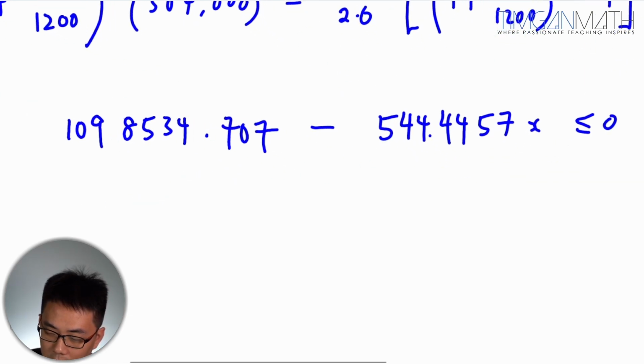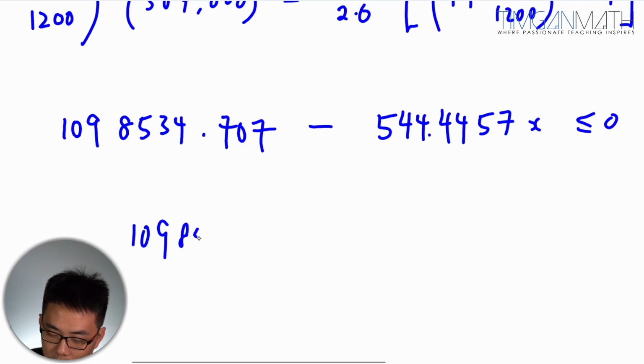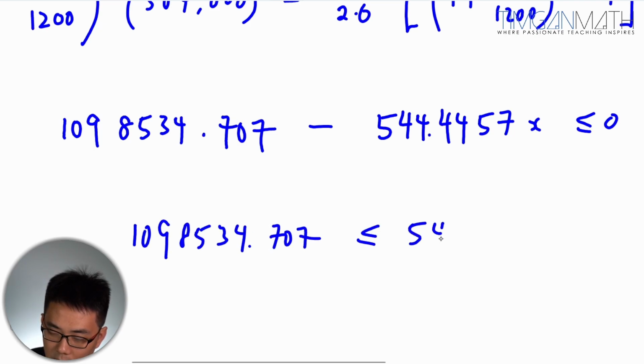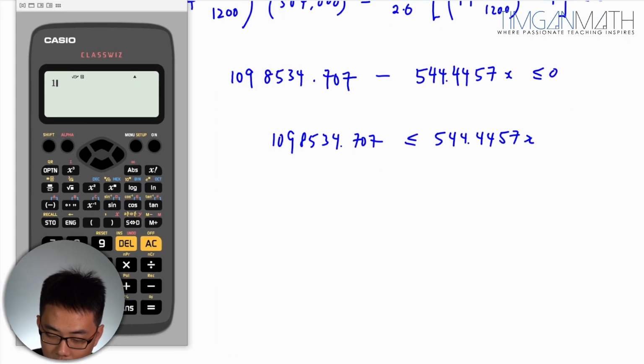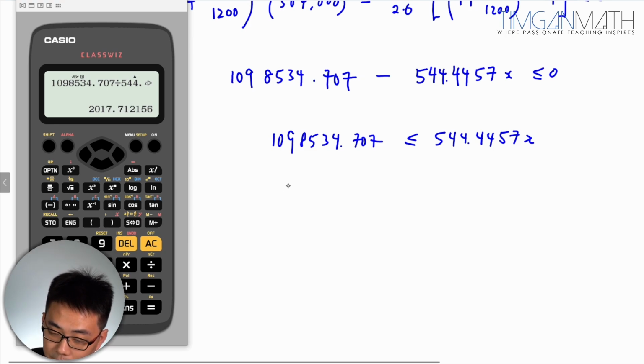Okay, so this case here will just be 1098534.707 over 544.4457x, and just divide 1098534.707 divided by 544.4457, which is 2017.71.